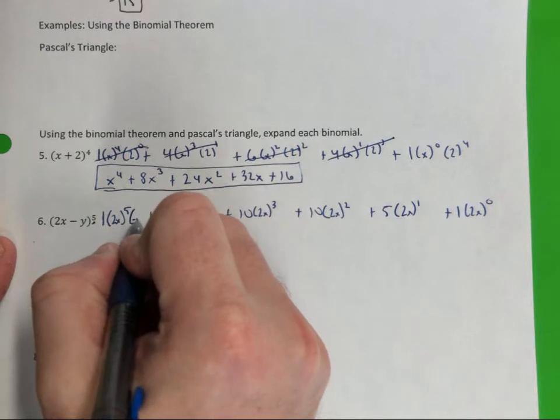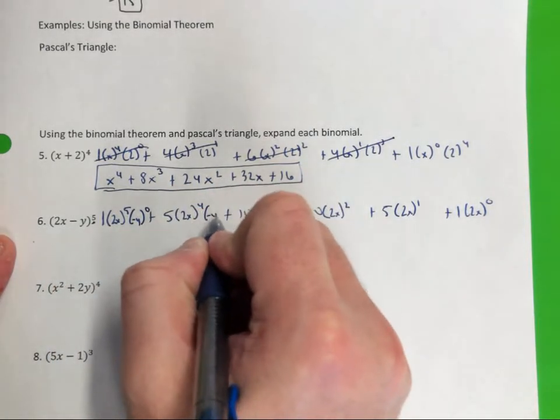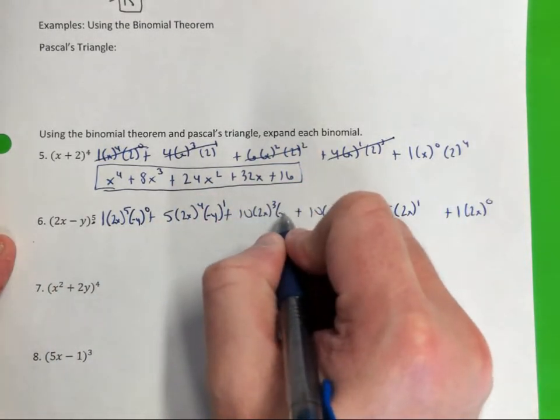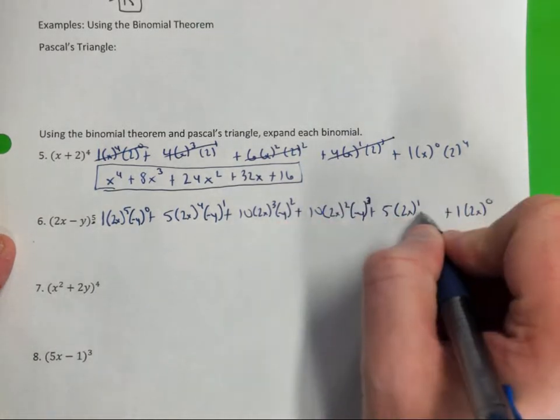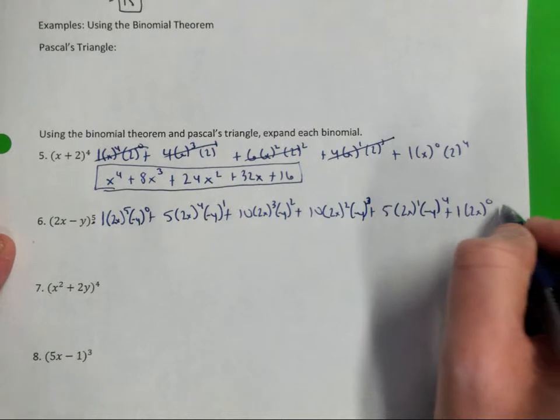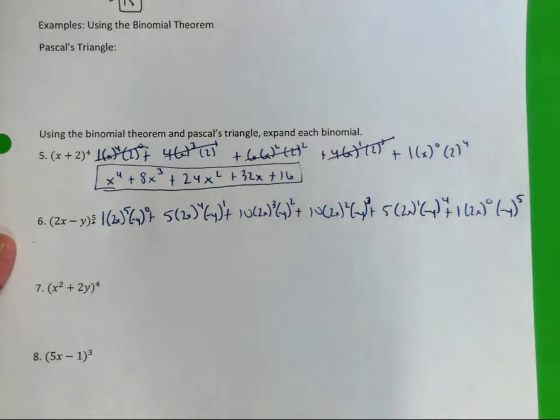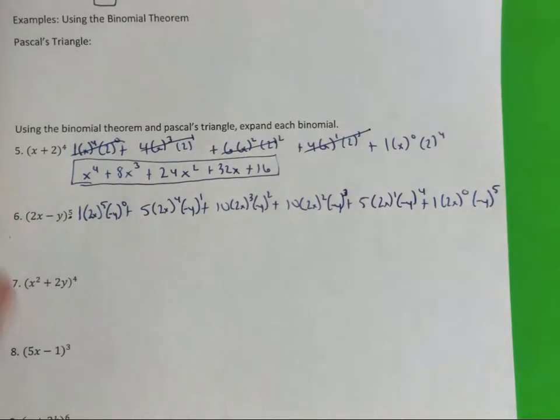So now I'm going to go negative y raised to 0, negative y raised to first, negative y squared, negative y cubed, negative y to the fourth, and negative y to the fifth. Take a moment to look at that, see if you have any questions.